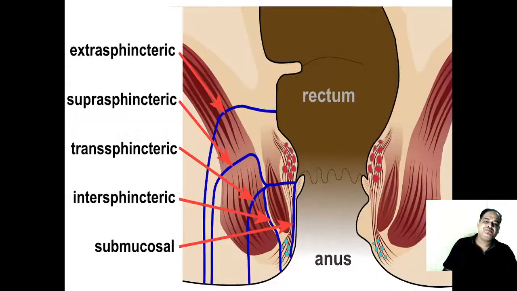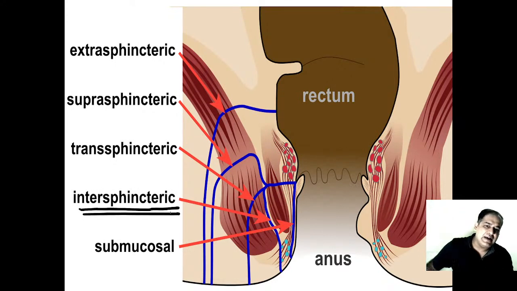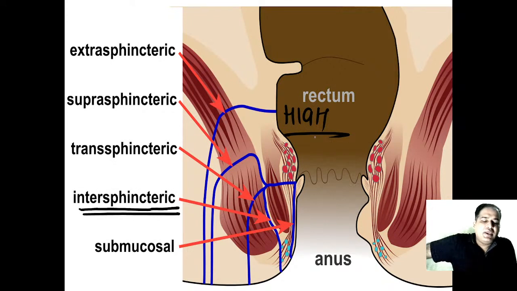Now you see here, again they are going to ask you which is the most common pattern. So the most common will be intersphincteric. And you see this fistula is high type. Again, you should be able to differentiate between the intersphincteric, extrasphincteric, suprasphincteric.